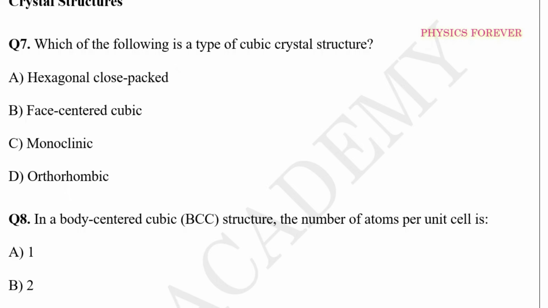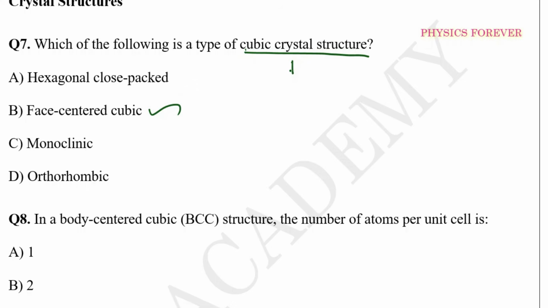So question number 7: which of the following is a type of cubic crystal structure? Among which one is correct? Answer B is correct, FCC is the correct answer. FCC is one of the 3 cubic crystals.